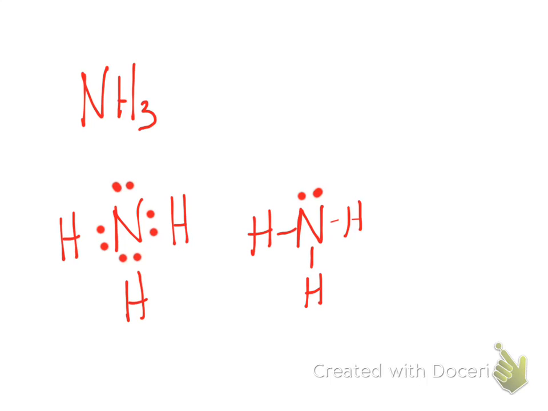Is nitrogen sharing that pair with anyone? No. And it's called an unshared pair. Okay? It is called an unshared pair. And we can't represent unshared pairs with lines. We only represent shared pairs with lines.